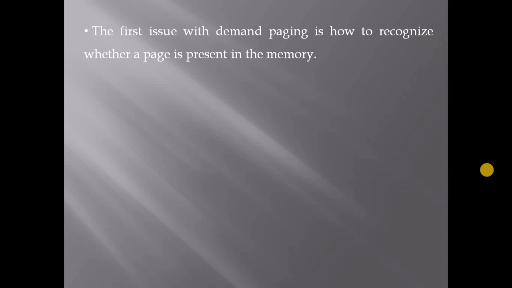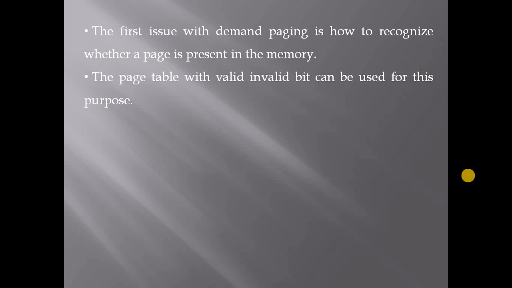The first issue with demand paging is how to recognize whether a page is present in the memory. So how will demand paging understand whether the page is present in the main memory? The page table with a valid-invalid bit can be used for this purpose.